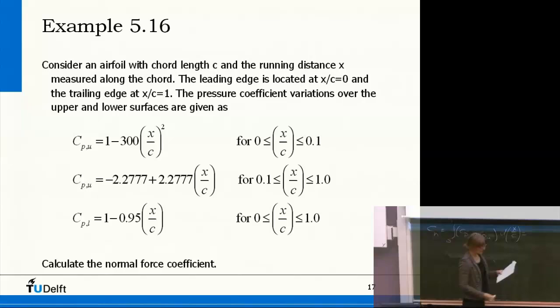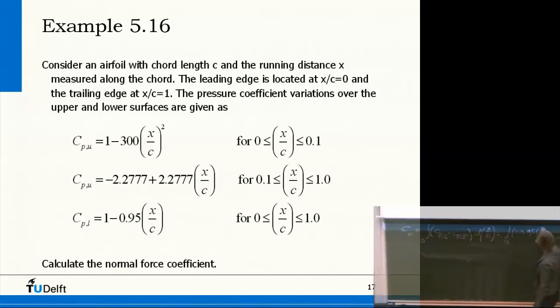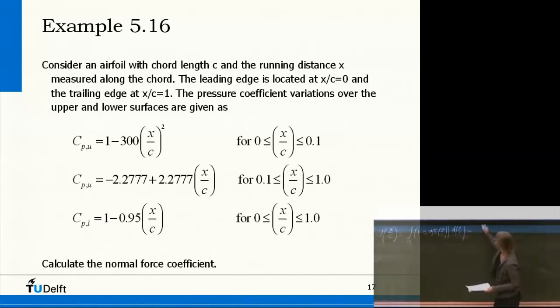We first need to write down the lower side, so that's the integral from 0 to 1 of (1 minus 0.95 x over c) d(x over c), minus, on the upper side, two parts. First from 0 to 0.1, the first one, (1 minus 300 (x over c) squared) d(x over c).